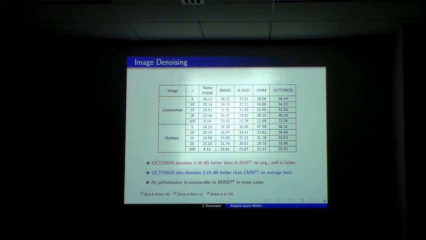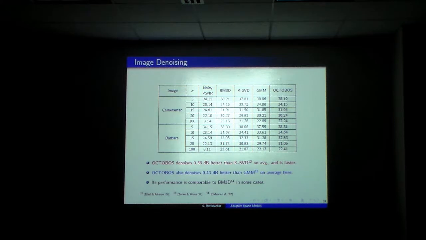And then you can obtain some results, and you can compare the results to some other well-known algorithms, such as the GMM Gaussian mixture model denoising algorithm, KSVD, BM3D, which is one of the state-of-the-art. And octopus denoises much better, about 0.4 dB better than KSVD, and is faster. And octopus is about 0.4 dB again better than GMM. And the performance is comparable, at least in the low noise levels, to BM3D.